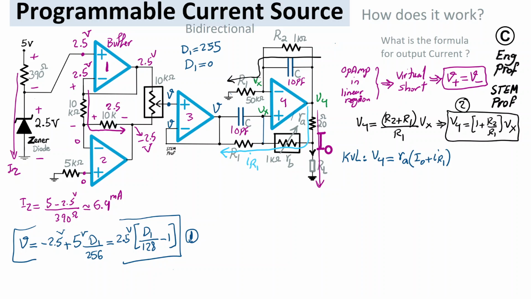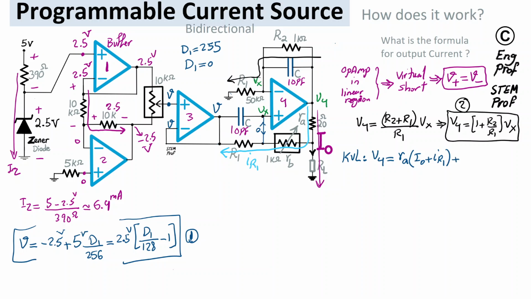Okay, so that's only the voltage drop across this guy. I also need to take into account the voltage drop across these two resistors, RB and R1, and the only thing going through them is IR1, because again, nothing can go or come out of the positive input terminal of an ideal op-amp because it has effectively infinite impedance. So these two resistors are effectively in series.